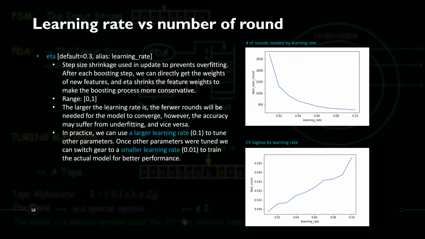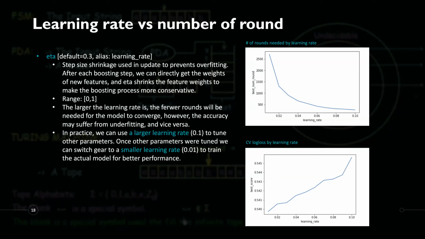However, the best number of rounds depends on other factors, and particularly depends on the eta, which is also called the learning rate. You can take the learning rate as a step size. Imagine you're running a sprint.